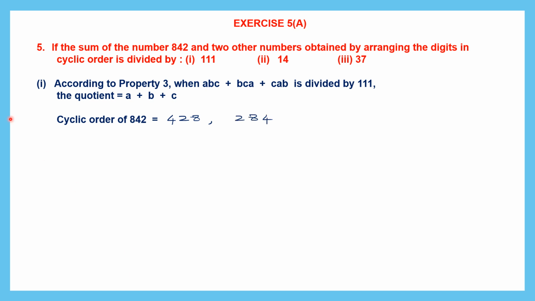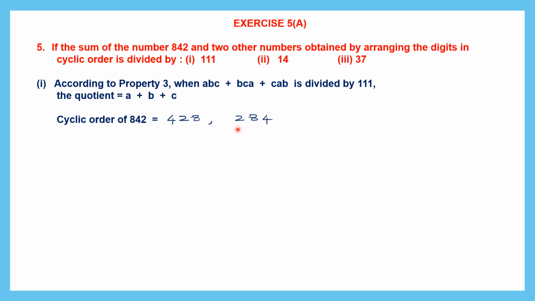So here we've got 3 numbers now. Here it says when ABC plus BCA plus CAB is divided by 111. This is ABC. We've put it in cyclic order. We've got BCA and we've got CAB.